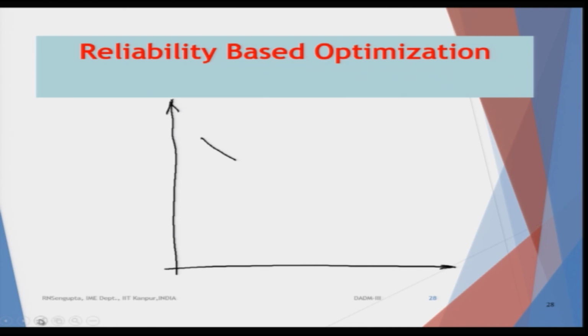Oh, sorry, I am using a different color. This is G1, this is G2, this is the deterministic solution.